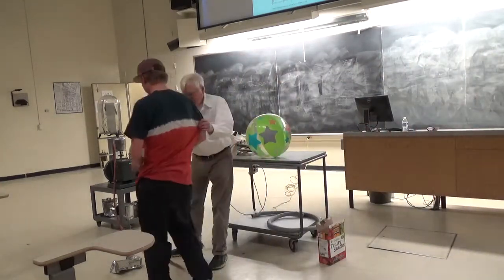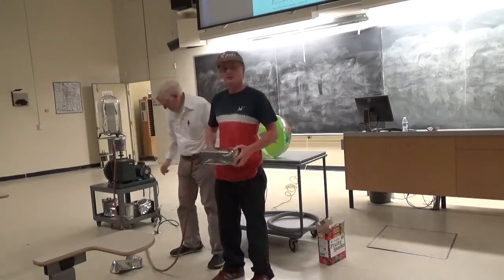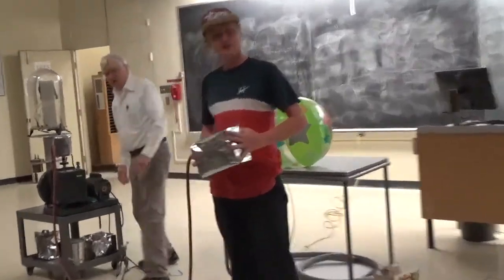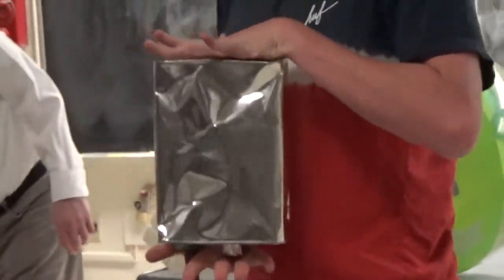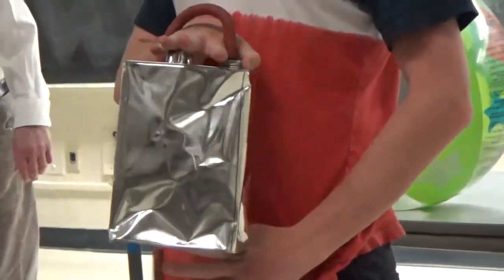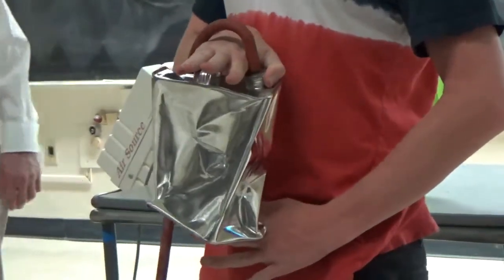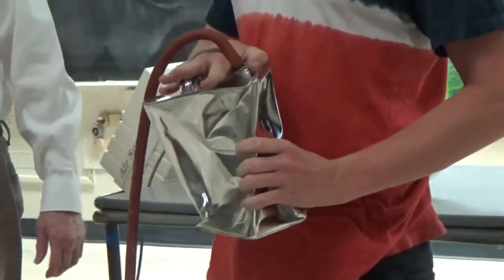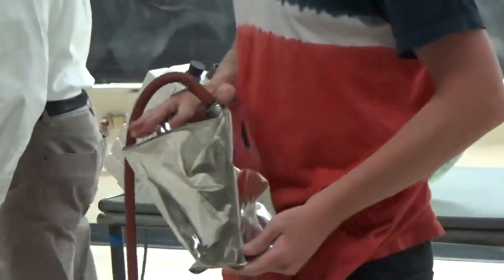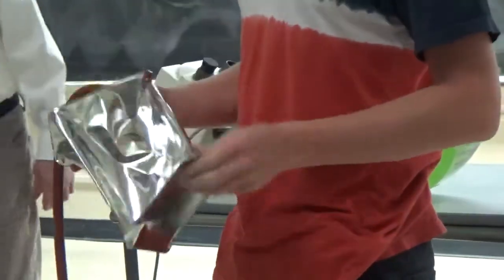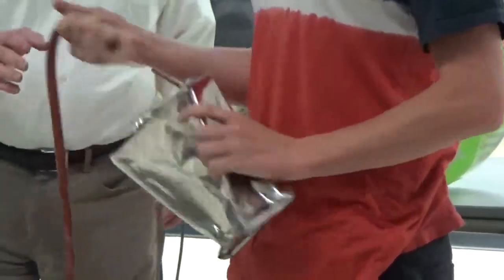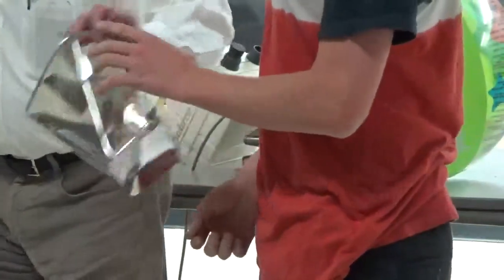Why don't you hold it like that so that the camera can see you? That one was violent. Well, it's pretty amazing. That's what 15 pounds per square inch does.